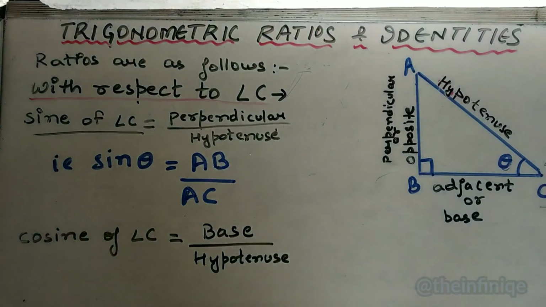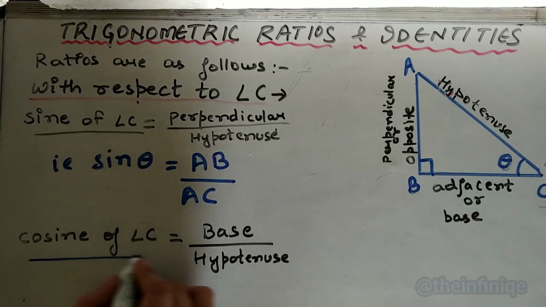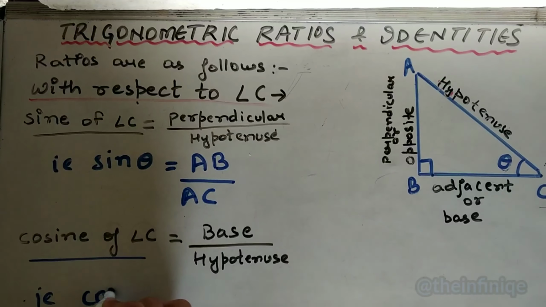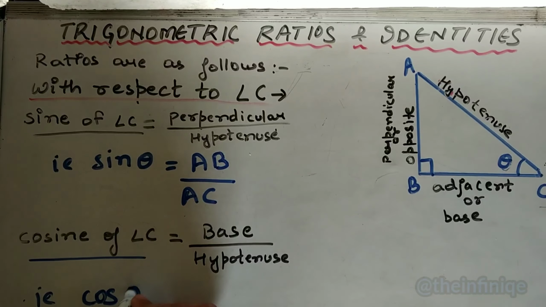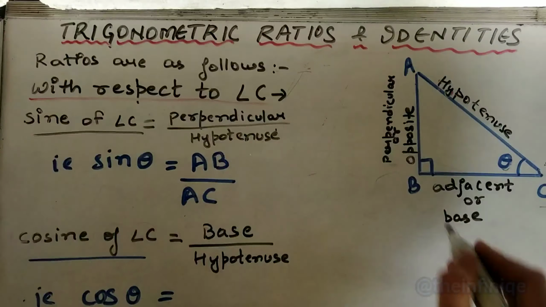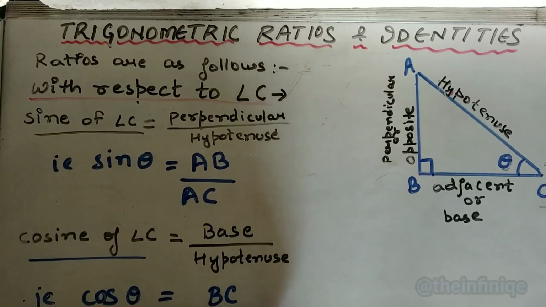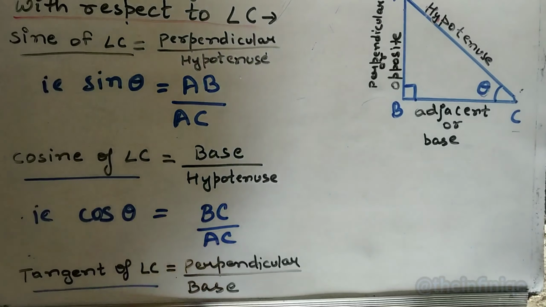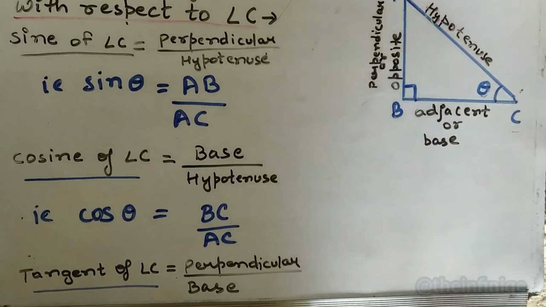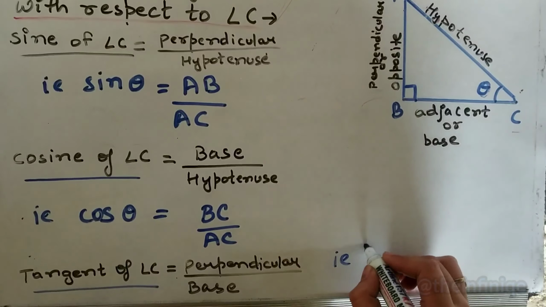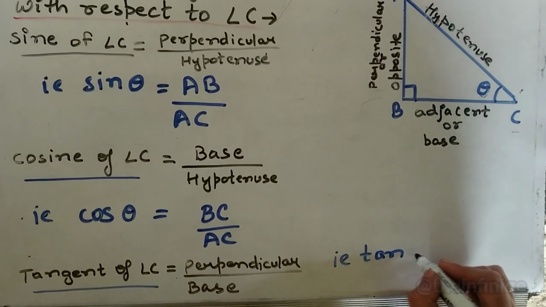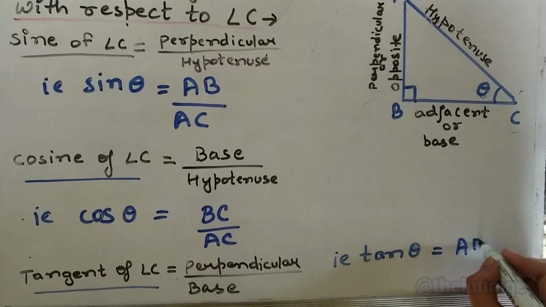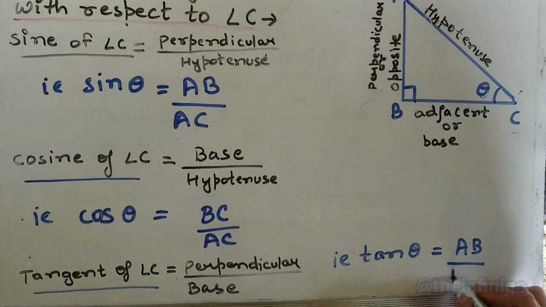Next trigonometric ratio is cosine of angle C, which is equal to base upon hypotenuse, that is cos angle C means cos theta, base is BC, hypotenuse is AC. Then tangent of angle C equals perpendicular upon base, that is tan angle C means theta, perpendicular is AB, upon base is BC.